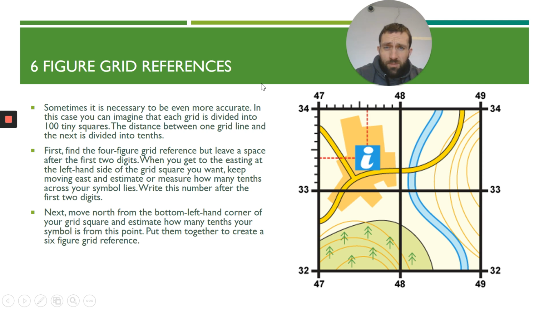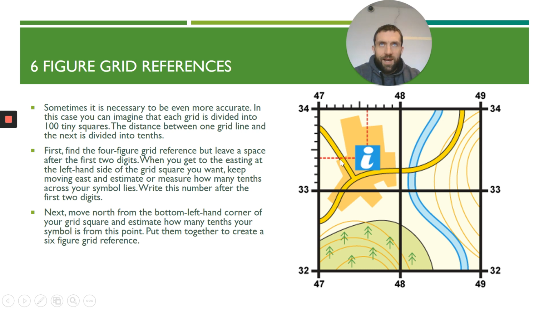Alright, now sometimes, because this line between 47 and 48 is 1,000 metres, we need to try and make it more accurate, so it's easy to find. So what we've got to do is divide this line into 10 tiny wee bits, into smaller boxes. Alright, and then again we always give the bottom left hand corner of the square, but this time we give 3 numbers along the bottom and 3 numbers up the side.